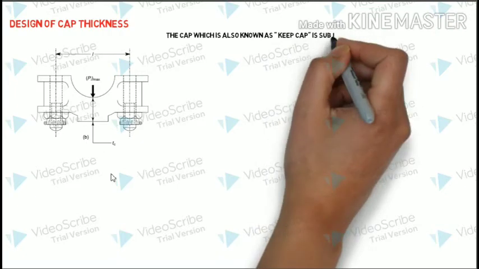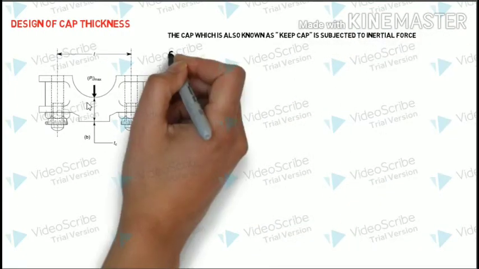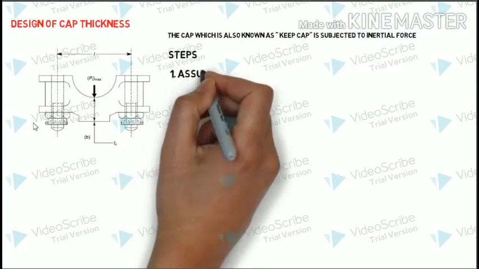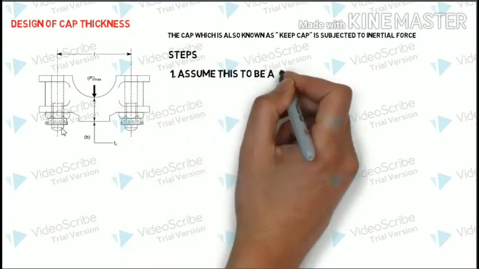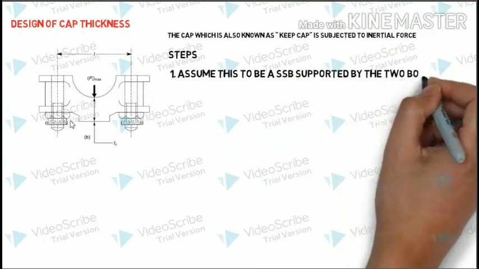The tc over here is the cap thickness. The same P_I max force is acting over here. Now to determine this, let us assume this complete setup to be a simply supported beam which is supported using two bolts.